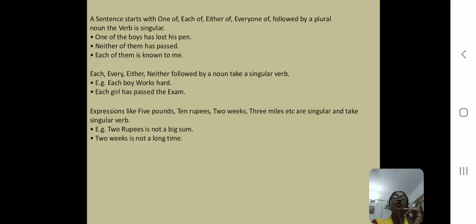For example, 2 rupees is not a big sum, though it is 2 rupees. S is there, but I will have to write the singular verb is. 2 weeks is not a long time. Here again 2 weeks, though it is plural in form, takes a singular verb because of the rule which we have.